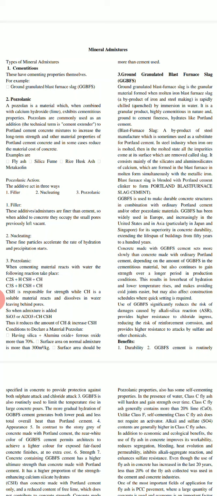CSH is responsible for strength, while CH is a soluble material that reacts and dissolves in water, leaving behind pores. So by adding pozzolanic material, it increases the CSH, which increases the strength. Hence, this pozzolanic material is added.